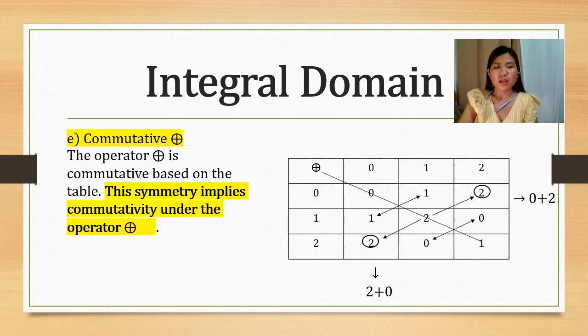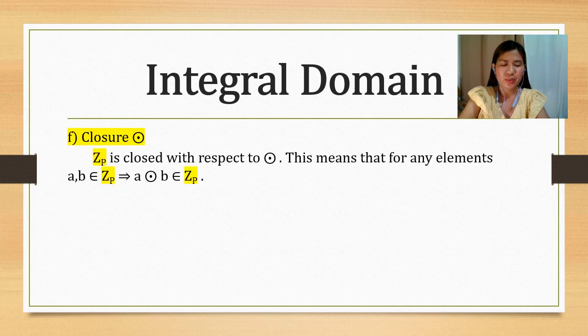Commutative. The operator addition modulo n is commutative based on the table. This means that the elements are symmetric with respect to the main diagonal. This symmetry implies commutativity under the operation addition modulo n. Closure. Z sub p is closed with respect to multiplication modulo n.